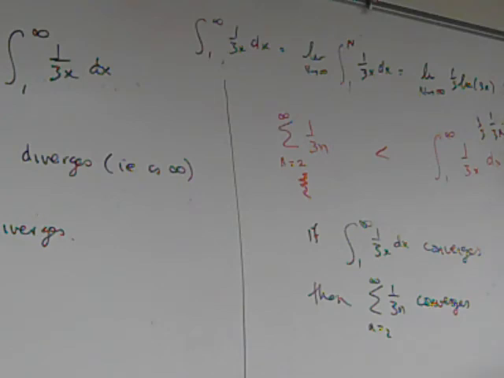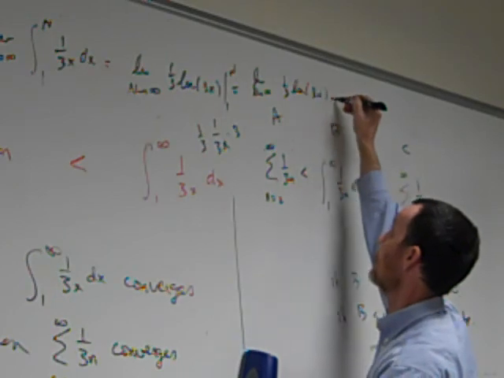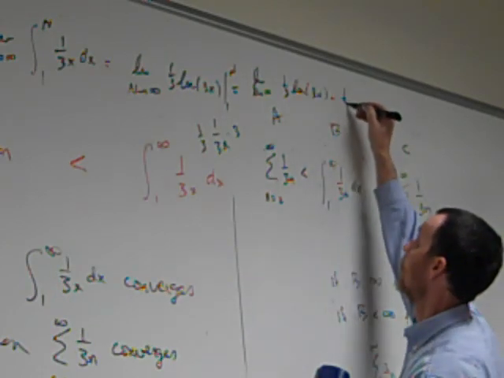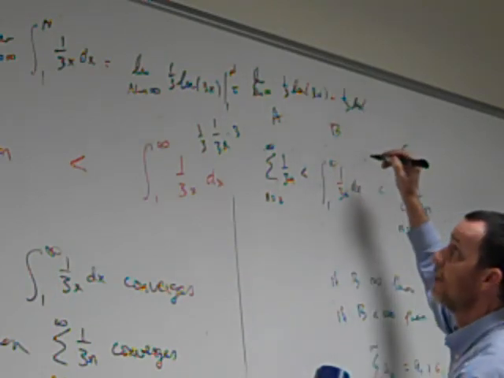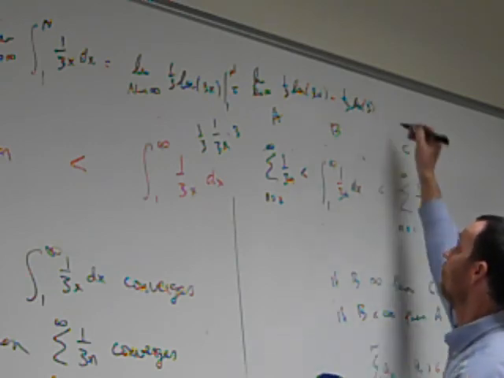What's that equal to? Oh, wait, from 1 to n? So that's the limit as n goes to infinity of 1/3 natural log of 3n minus 1/3 natural log of 3, which equals infinity.